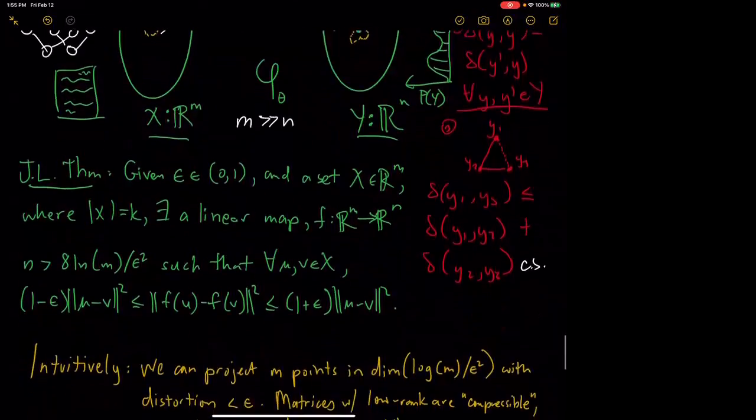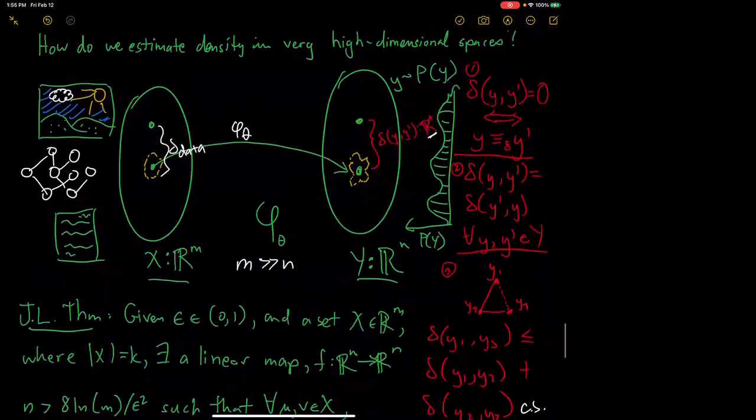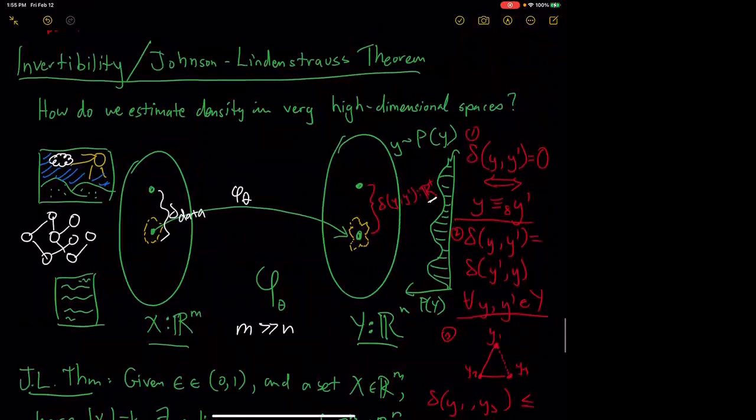Okay, so it turns out that for a lot of embeddings, or these differentiable functions where the parameters are trained by gradient descent, this thing has these kernel properties.